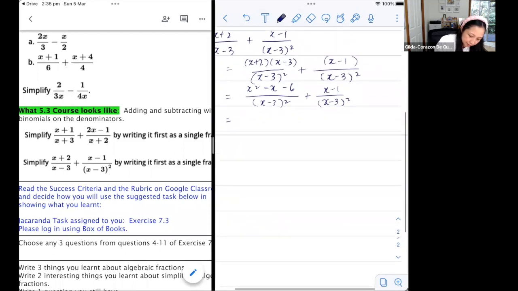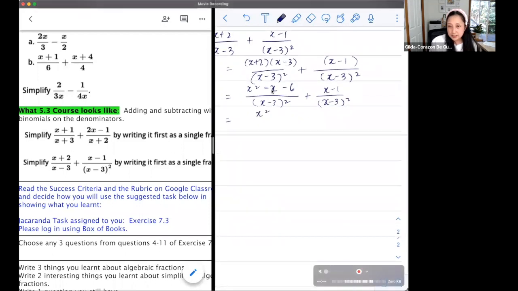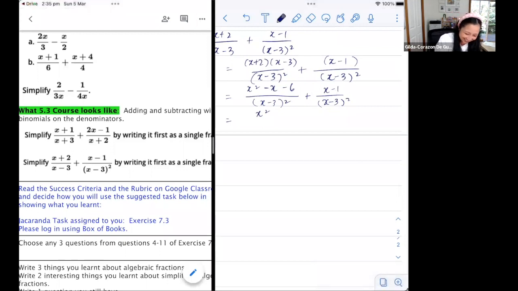And therefore, we've got x squared, minus x plus x becomes 0, minus 6 minus 1 gives you minus 7, right? And therefore, you've got the denominator x minus 3 squared.